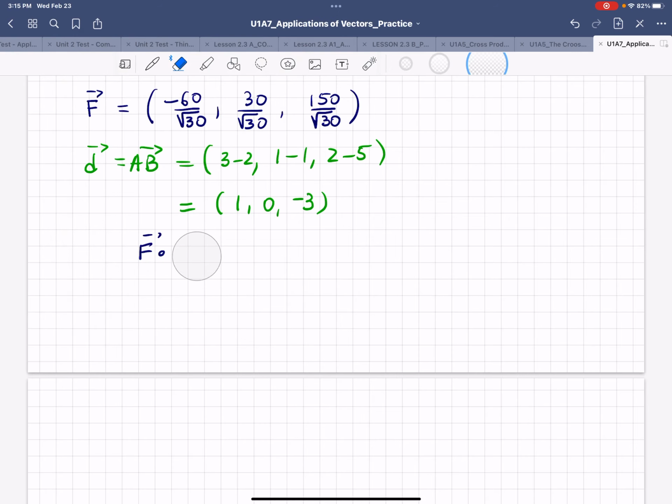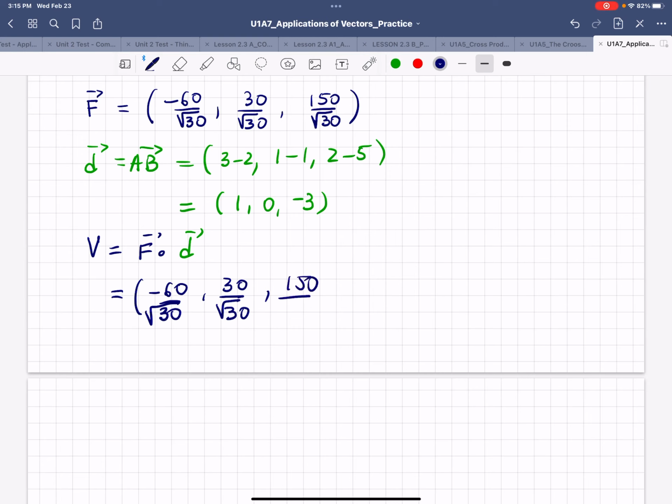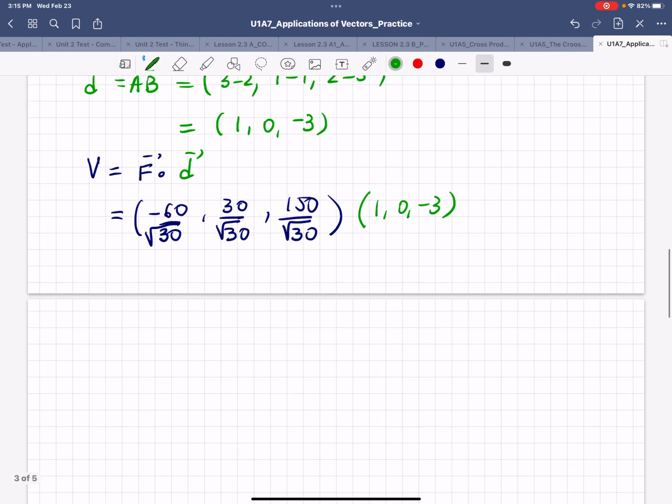Force dot displacement will give the work done on the object, and that would be (-60 over root 30, 30 over root 30, 150 over square root 30) dotted with (1, 0, -3). So again, x and x go together, the y's go together, and the z's go together.